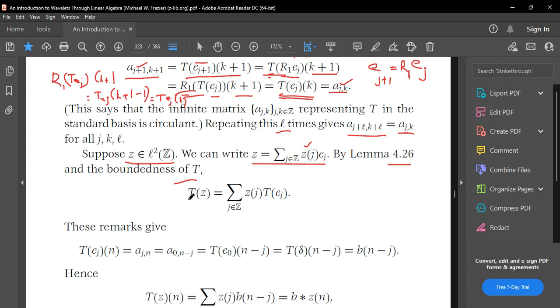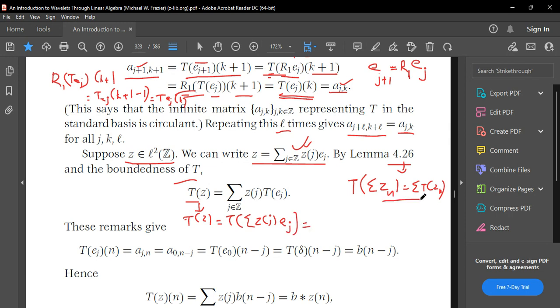By the boundedness of T, and by 4.26, T of the summation of zn is equal to the summation of T of zn. So T of z is the summation of z of j Ej, which equals the summation of T of z of j Ej.